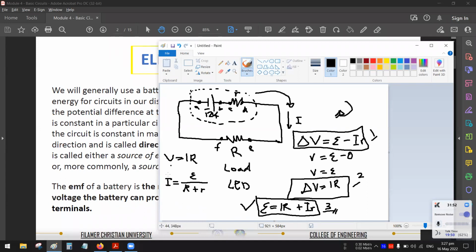Okay, so this is for your real battery. Okay, but for the ideal battery, ideal circuit, we can just have the I equal to V over R. So this is ideal circuit. Okay, ideal circuit na formula. So given mula din dito sa ideal na formula din, in which wala tayong internal resistance. Ayan.